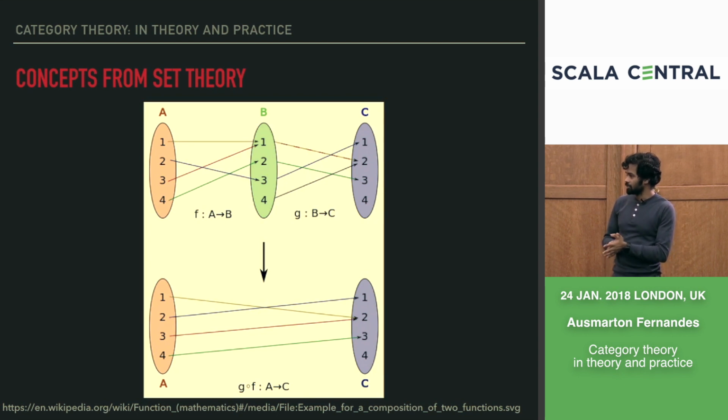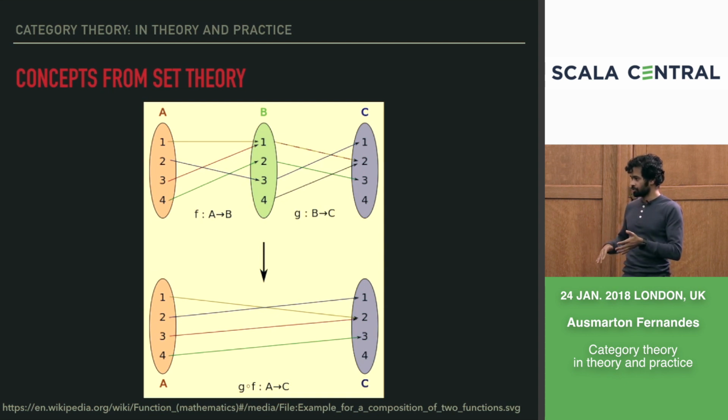I guess this is something most of us would be familiar with. These are just concepts from set theory, and we've got three sets. A function from A to B, and a function from B to C. And then we've got the composition of that from A to C. Now, this same diagram can be interpreted at different levels in category theory.